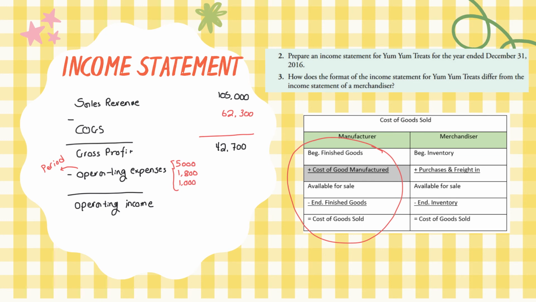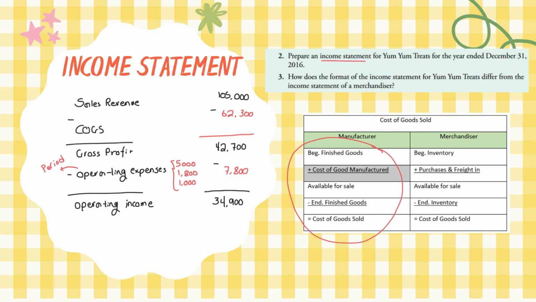So a total of 7,800. So 42,700 less operating expenses 7,800, you're gonna get 34,900, which is your operating income. So this is requirement number 2, to prepare the income statement.